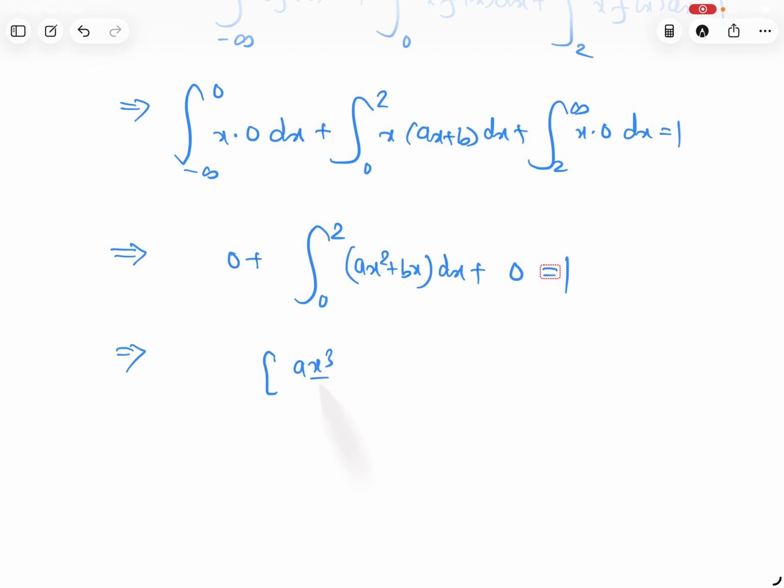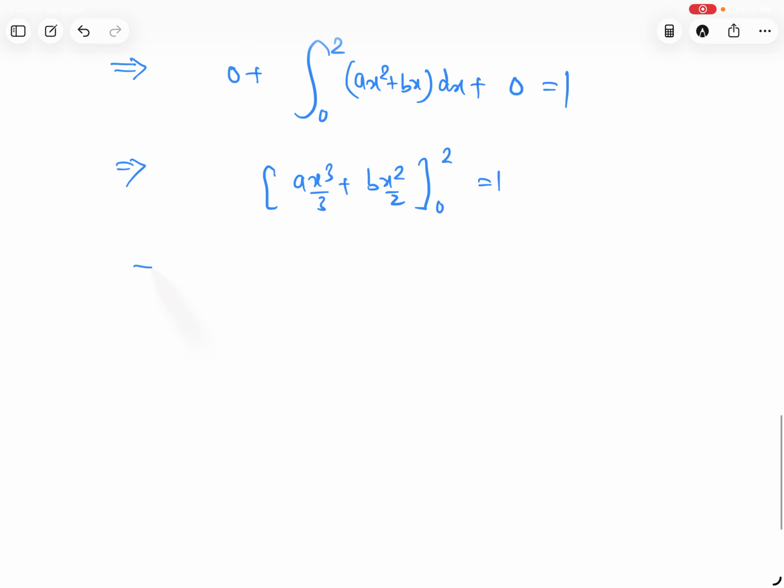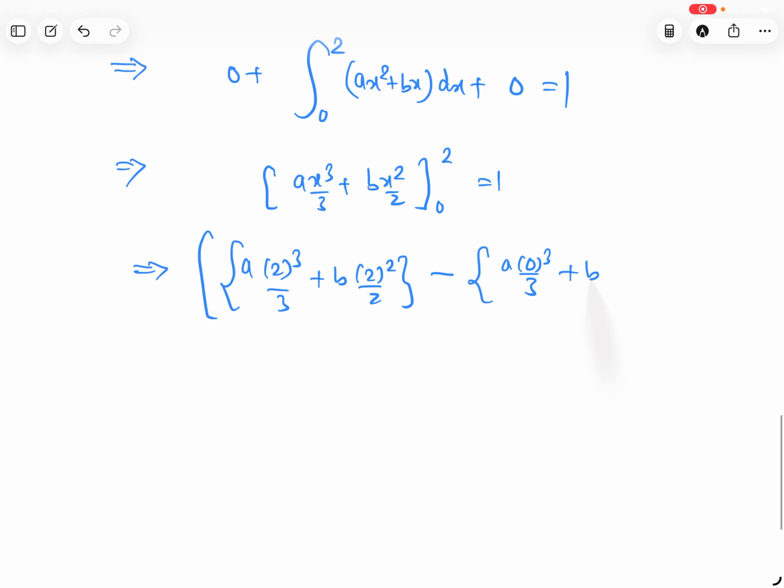It is ax³/3 + bx²/2 from 0 to 2, equal to 1. So what will this be? This will be a·2³/3 + b·2²/2 minus (a·0³/3 + b·0²/2) equal to 1.